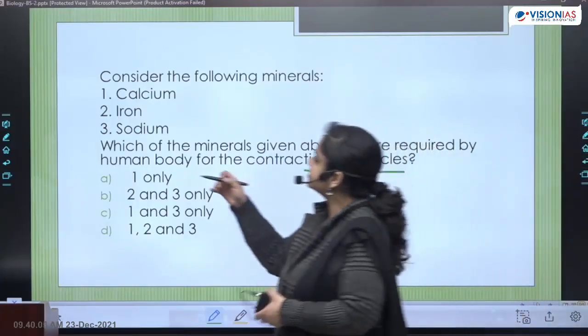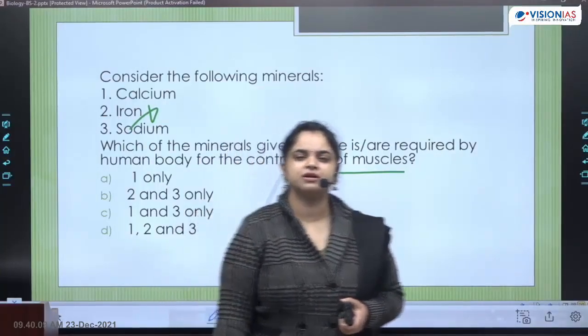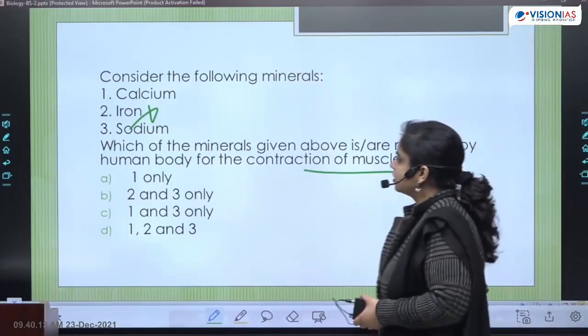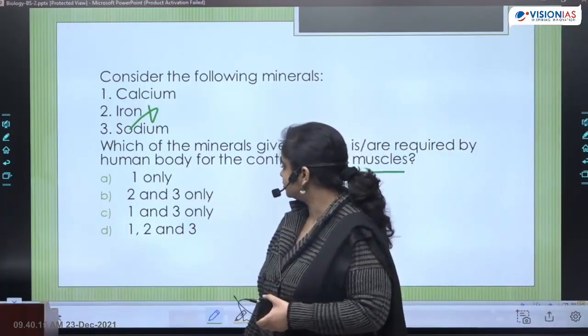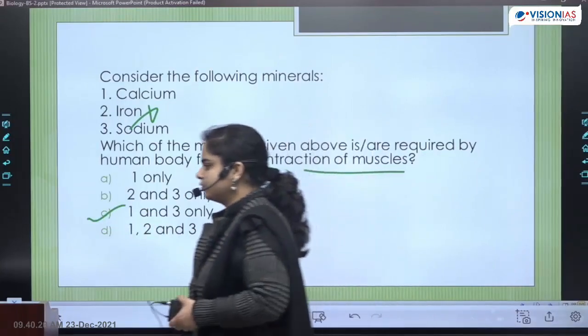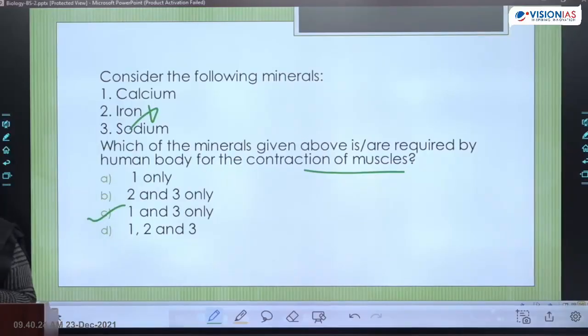In this, we do not need iron. Iron's role is mainly to be a part of hemoglobin, but the other two can help in contraction of muscles. So we have, as you said, C, 1 and 3 only. Shashi, Sahil, Muskan, Astha have also given the answer as C.